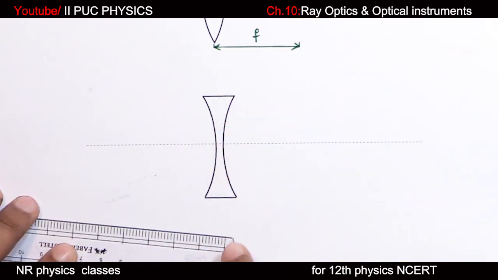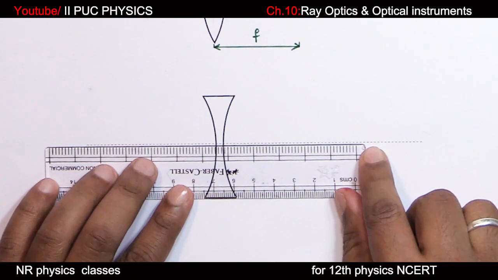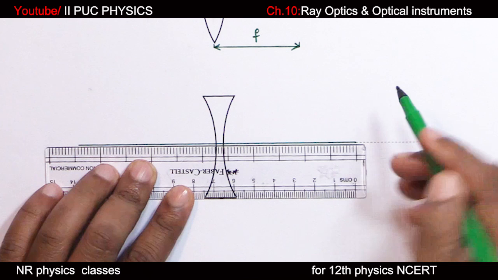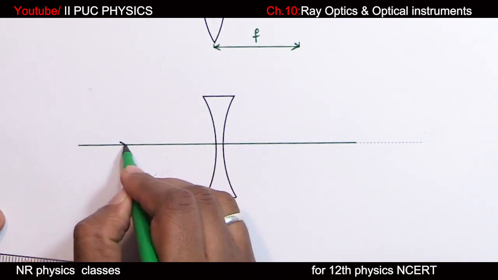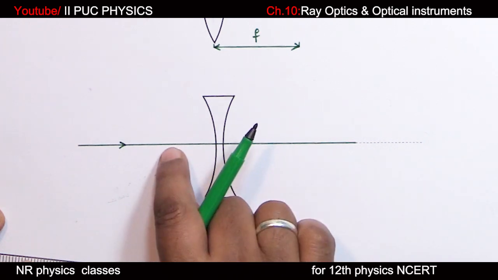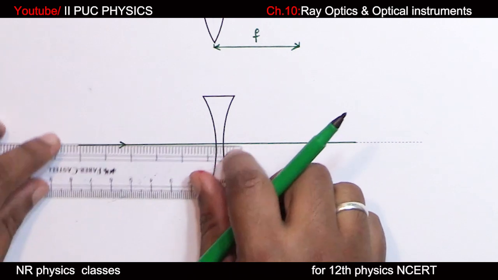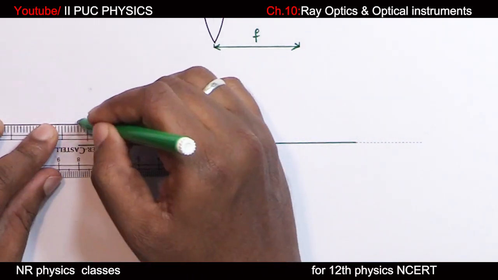So in the case of concave lens, this is a ray along the principal axis. There is refraction, but there is no deviation. Refraction means change in speed. Now let me consider a second ray close to the principal axis.